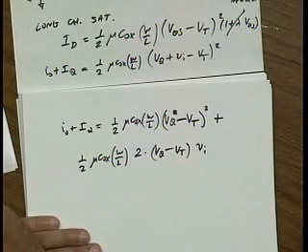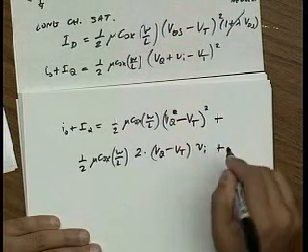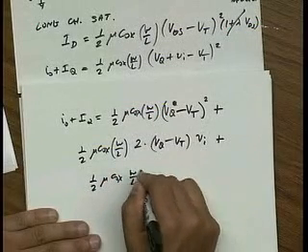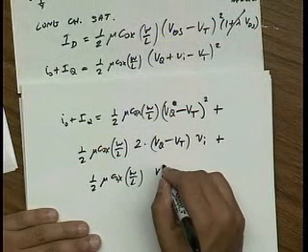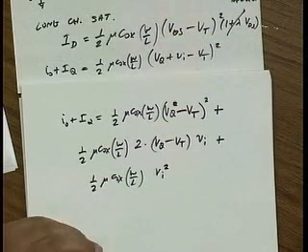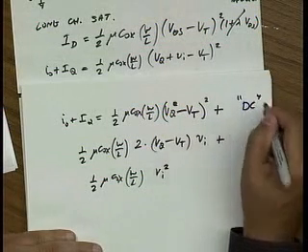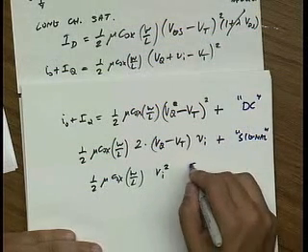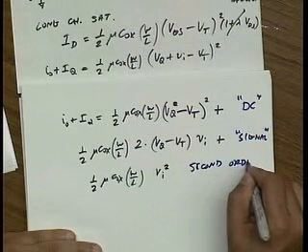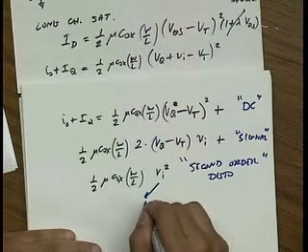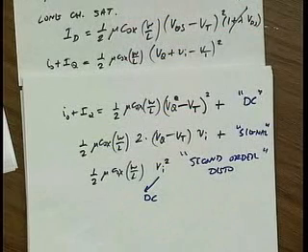That's my linear term. Plus 1/2 mu Cox W over L, V input squared. So this is my DC. This is my signal. And this is going to be my second order distortion. And you can see that this term will also produce DC because it's second order. So that was the DC shift I was talking about earlier.